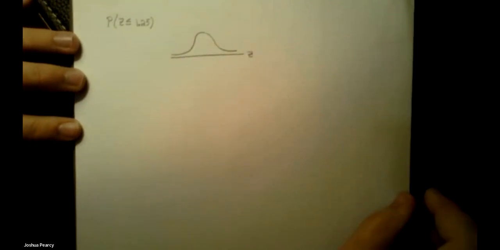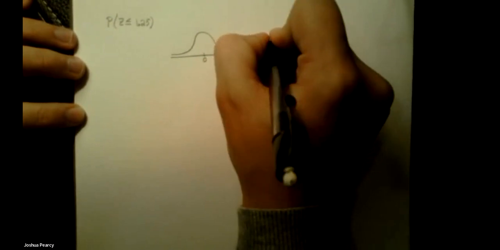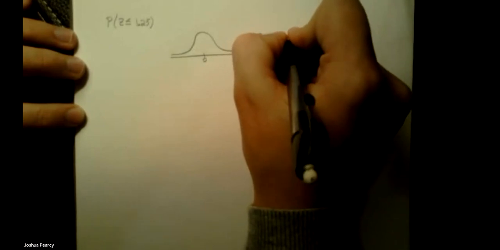And if I do that, say I have the distribution of the Z scores here. And I want the probability of getting a Z score less than 1.25. So remember that the Z distribution is normal with a mean of 0 and a variance of 1.